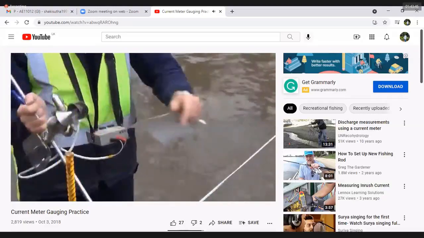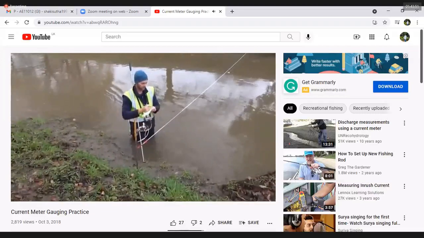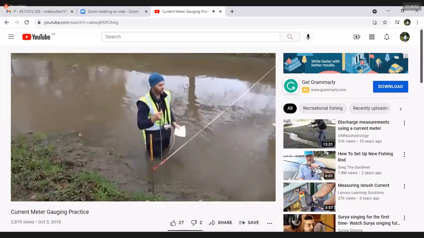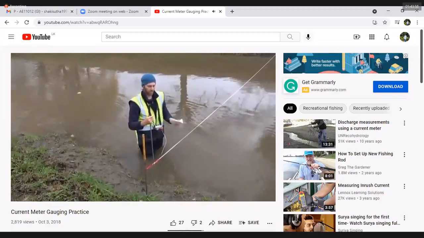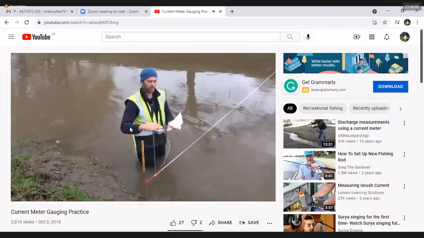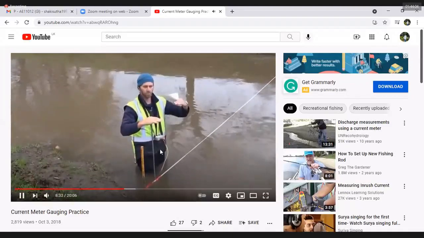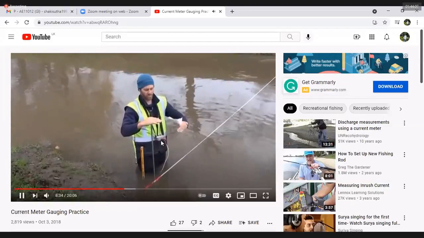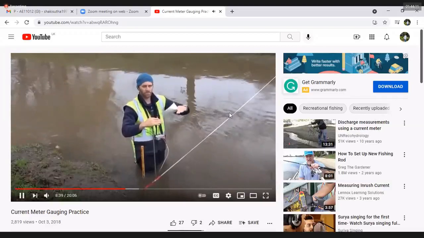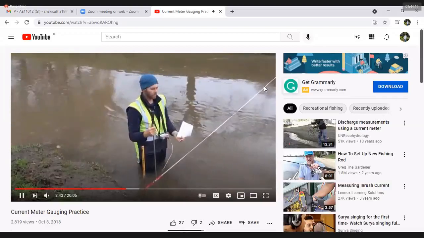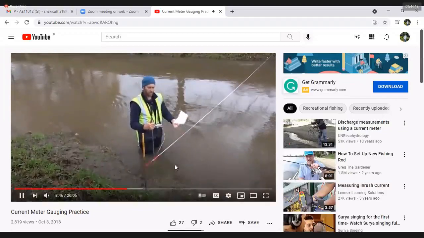So first he measures the total depth of the channel and refixes the current meter to 0.6 meter and inserts the current meter at the particular depth and takes the measurements. Likewise, for each 2 meter depth, he will take 2 measurements.